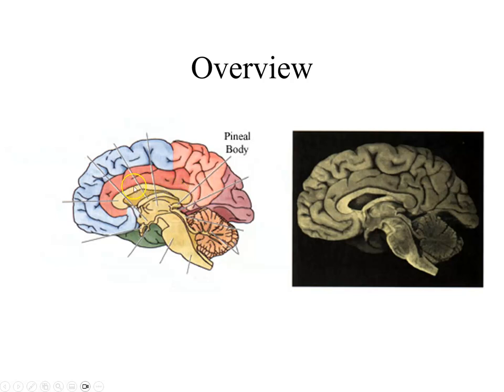I want to point out right here, this is the corpus callosum. This is a band of neural fibers, and it connects the right and left hemisphere. Now you can kind of see it right here, but what I want you to picture is if you had a full brain and you have the right and left in either hand, and you kind of pull the right and left apart a little bit.